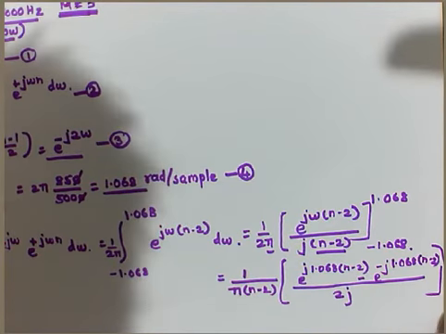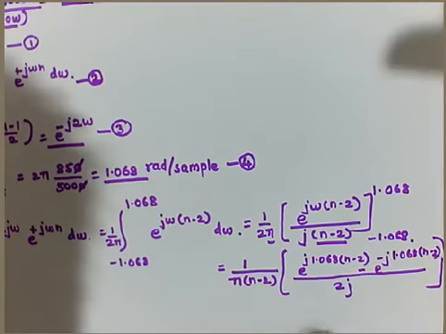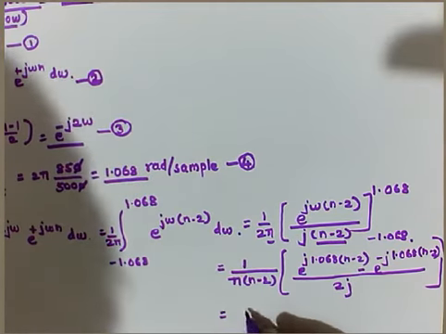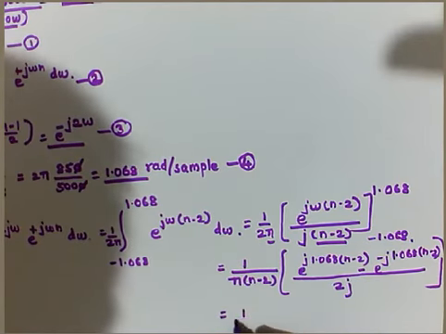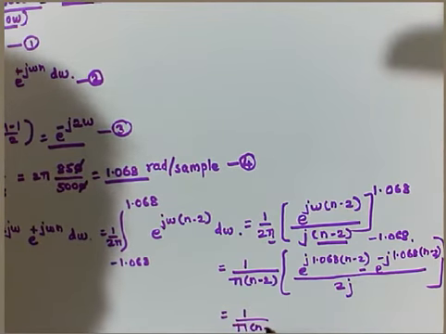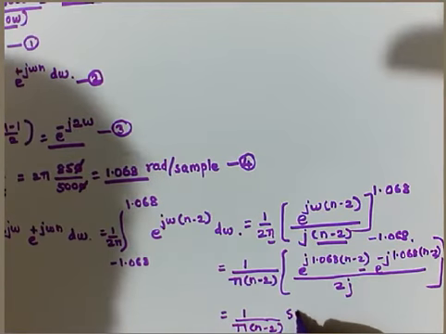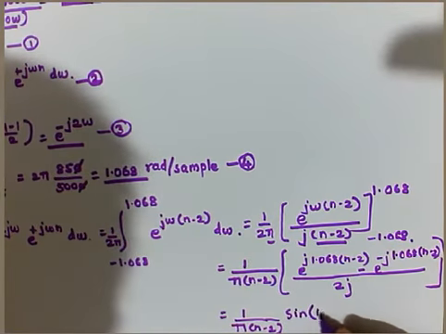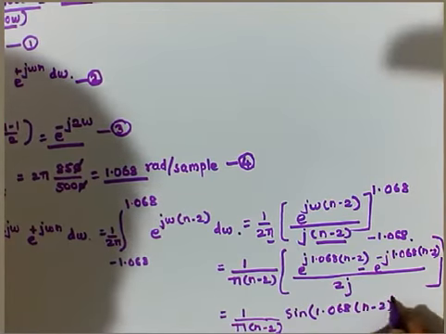So this is how it will look. Now let's simplify it. It will be 1 upon pi into n minus 2, times sine of 1.068 into n minus 2.